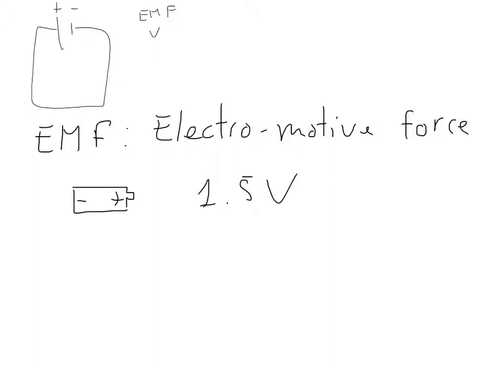Okay? Now in a lot of practical cases you don't care, and the EMF and the voltage are exactly the same if there's no friction inside the battery. But in some special cases this is not going to be the case, and you need to be able to differentiate between EMF as the energy that's given to each charge by the battery, and the voltage, which is just the potential difference between the two sides.